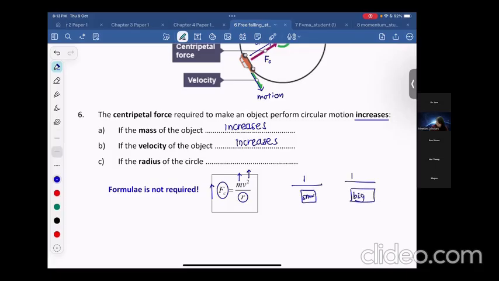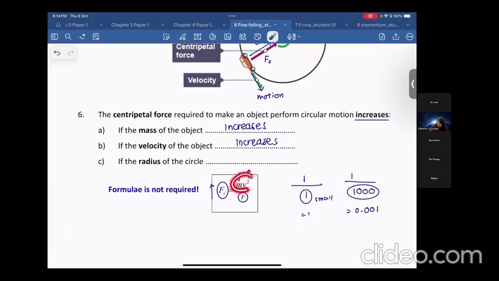Let's put some examples: 1 divided by a small value like 0.1, or 1, versus 1 divided by a big value like 1000, which gives 0.001. So if the formula is divided by a small value, your Fc is a higher Fc. Higher force is needed. So here we can say that the radius of the circle decreases.